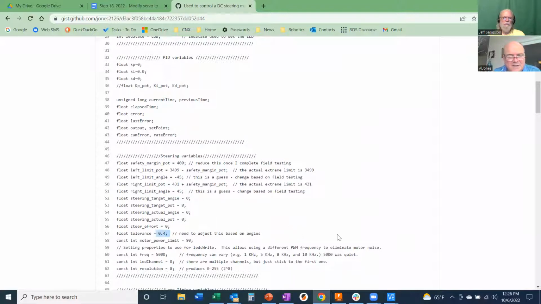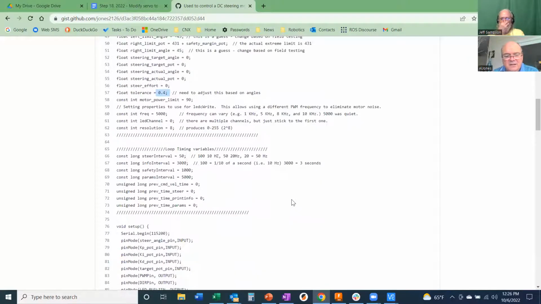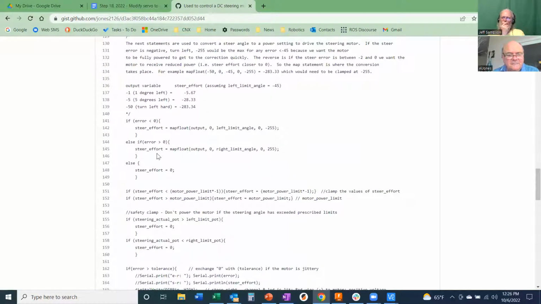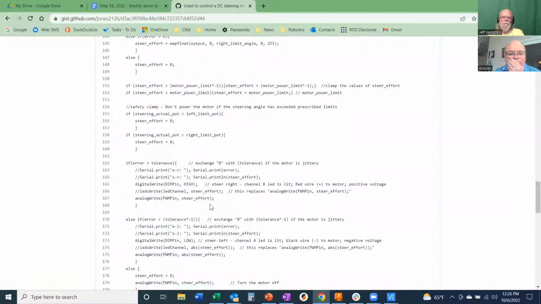At the moment, it's 4/10ths of a degree. So if it's within 4/10ths of a degree, then it'll come down here and get to 0. The other thing you had mentioned is set the steer effort to 0 if you're outside of a limit.